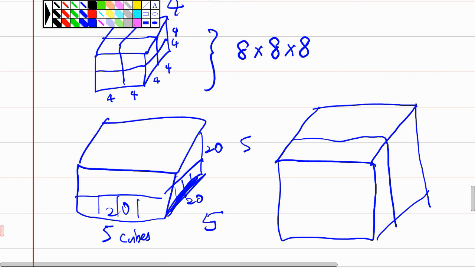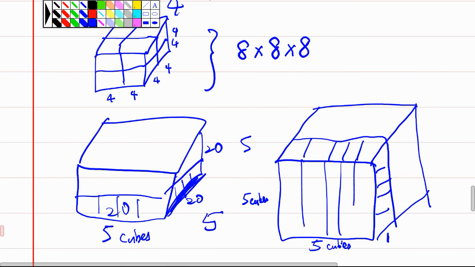So this one is 5 cubes. Then this is 1 cube. This is 5 cubes. So 1, 2, 3, 4. 1, 2, 3, 4. Wow, my drawing not so good. So altogether, this is how many cubes? 25.